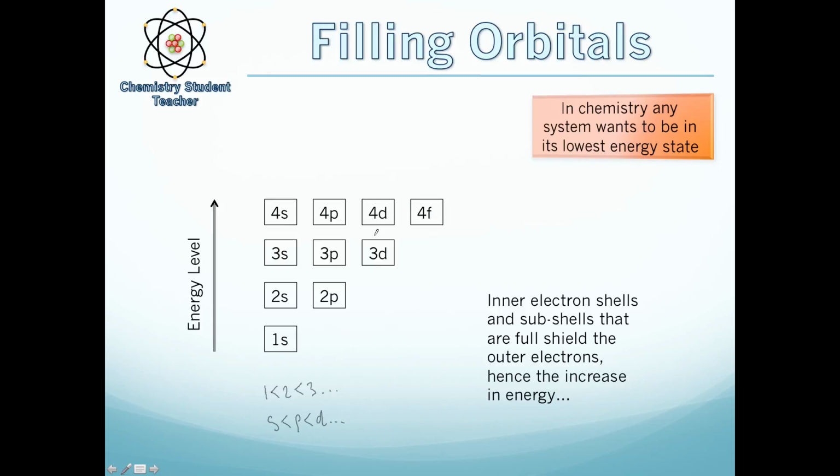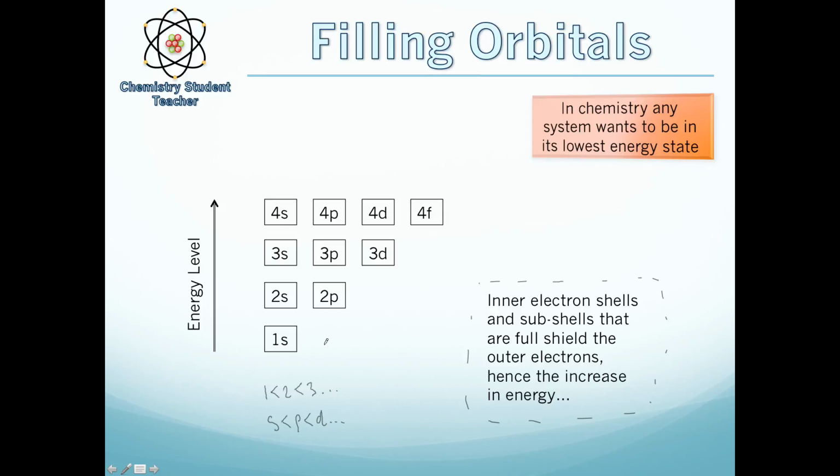So if you have electrons in the 2s, the ones in the 1s are repelling them slightly, trying to push them away. Not enough that they go off into infinity, just enough to keep them slightly further away than the nucleus, because the protons are still attracting them. It's the same for the 3 shell, which has 2 lots of shielding from the 1 and 2 shells, and 4 has shielding from the 1, 2 and 3 shells, which is just explained by this bit down here in words.